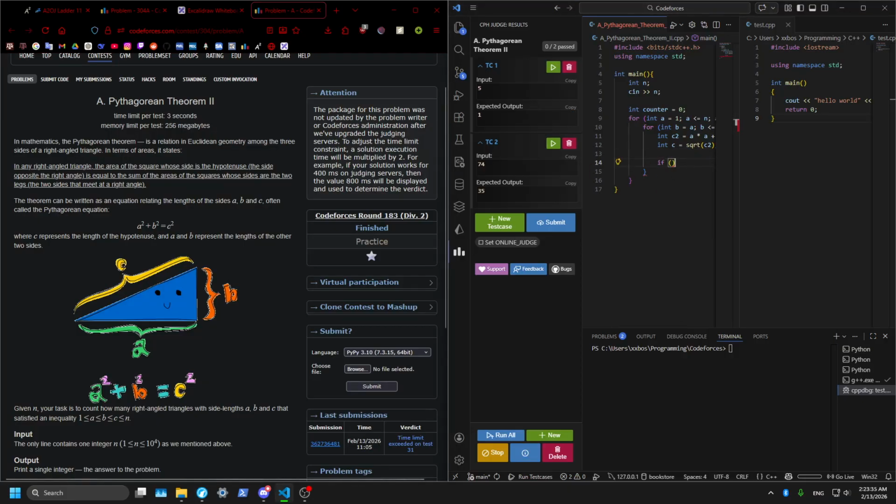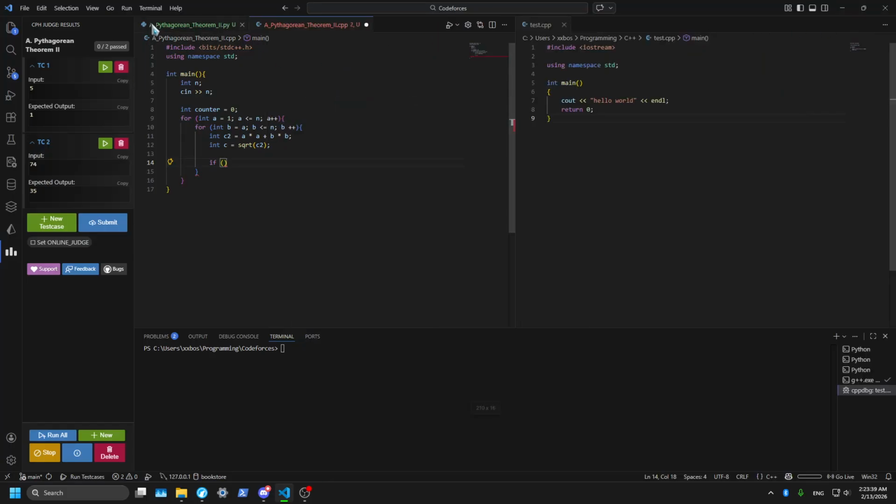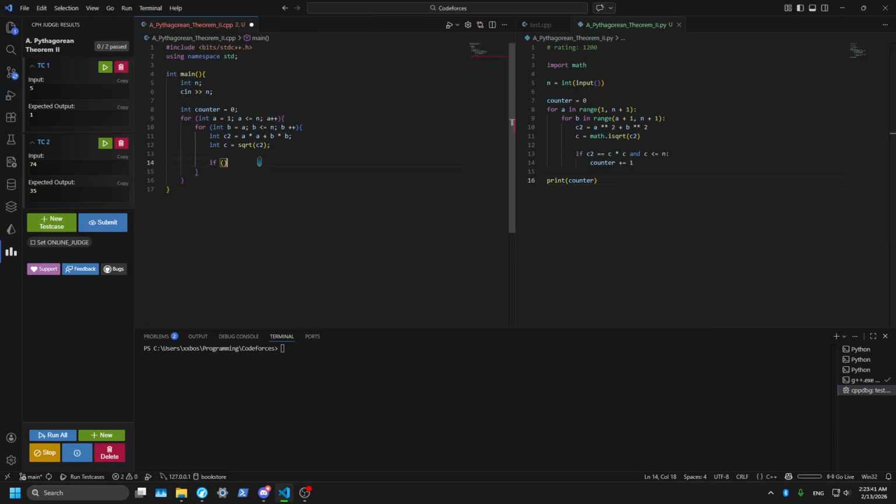What's the logic here? This should be the same. Counter. Yeah, here's the good part about C++: we get the plus plus operation back. That was one thing I missed that Python did not have.